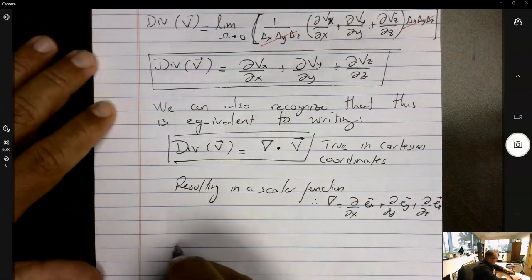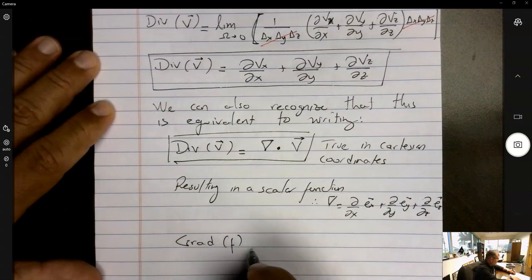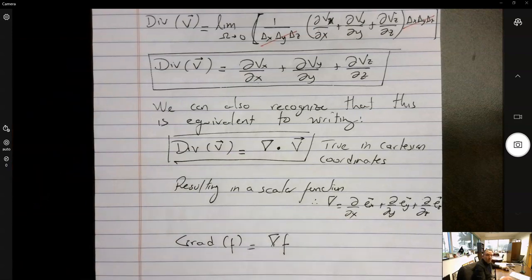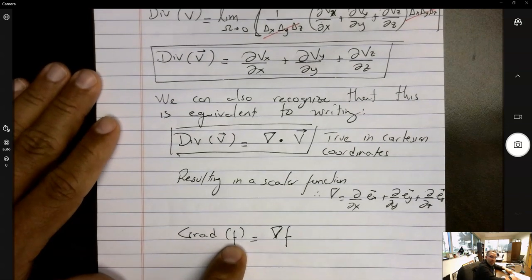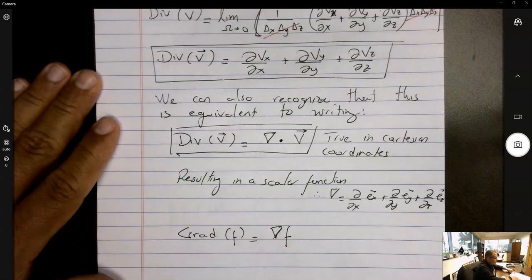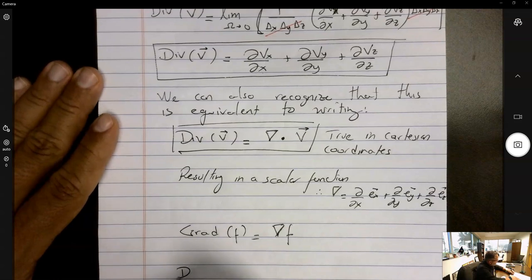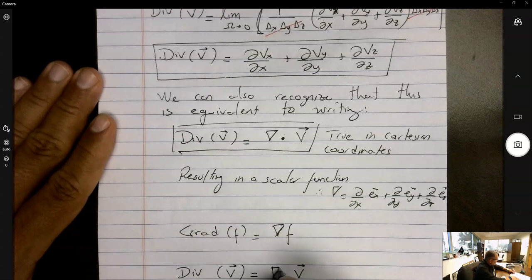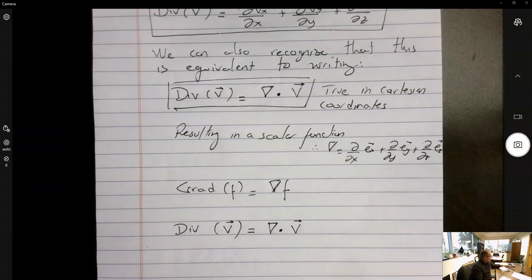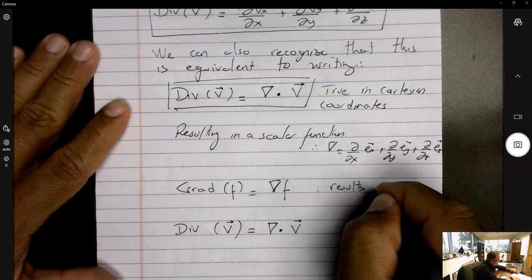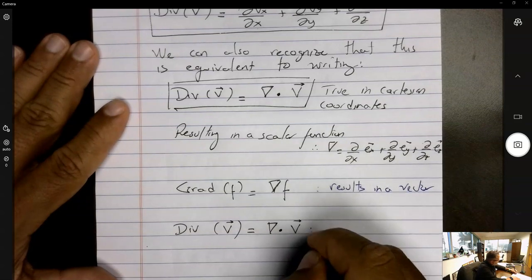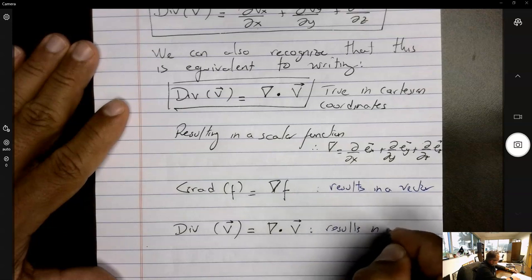The gradient of f is nabla f, also read as del f. So it takes a scalar function f and turns it into a vector, resulting in a vector field. And the divergence of a vector field is del dot v, which is something completely different. Del f results in a vector, and del dot v results in a scalar.